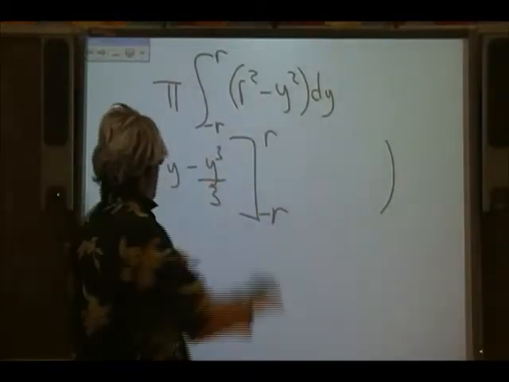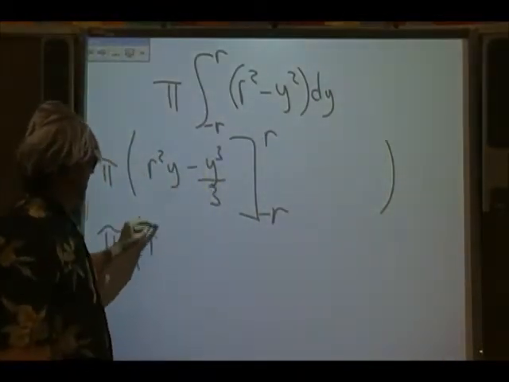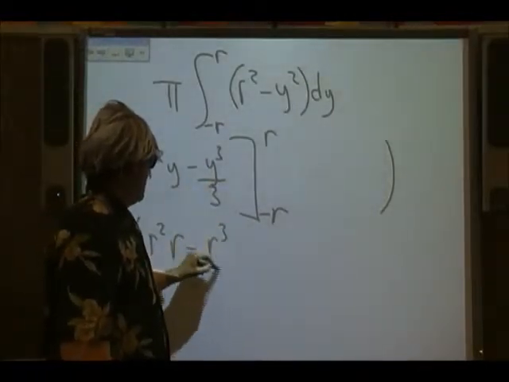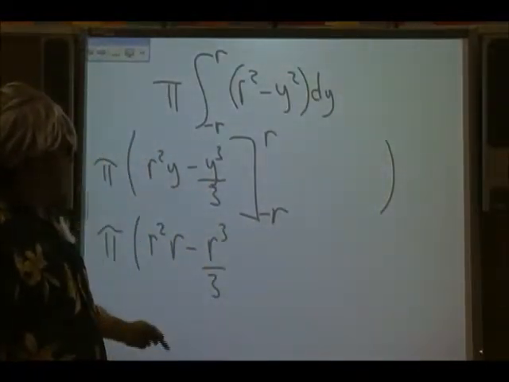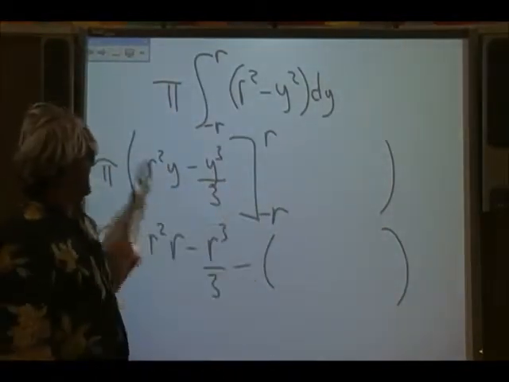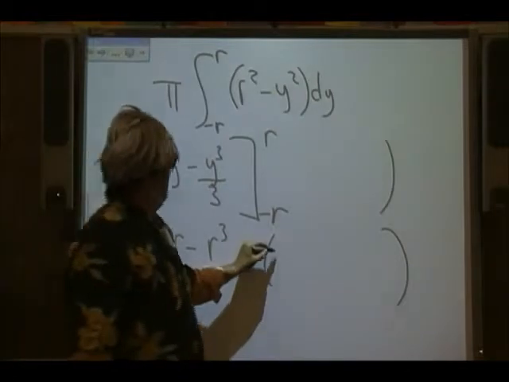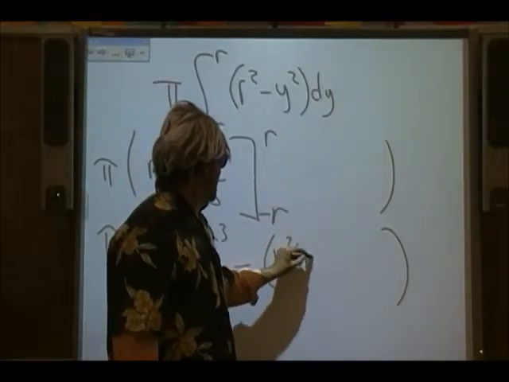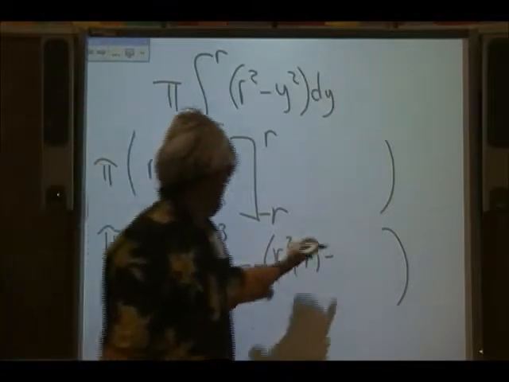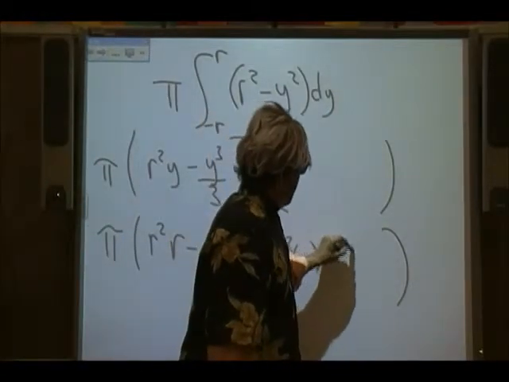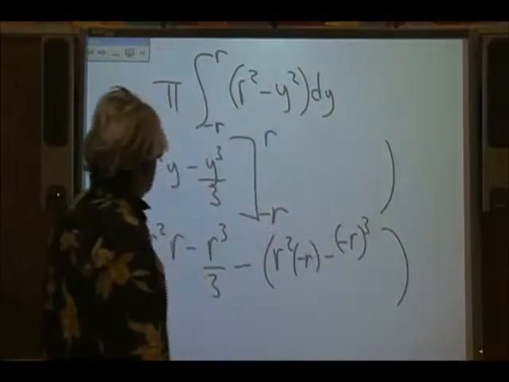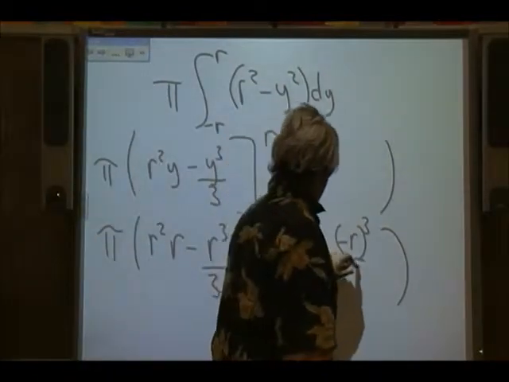So you plug in the r into both of these and you get r squared times r minus r cubed over 3. Now we take away the part where we put negative r in for y. So you have r squared times negative r minus, now you put the negative r in here, negative r to the third all over 3.